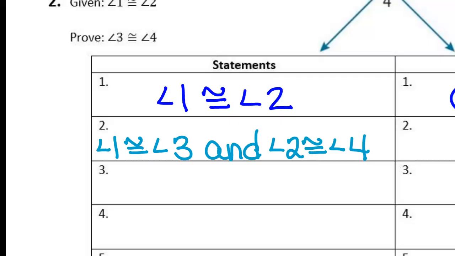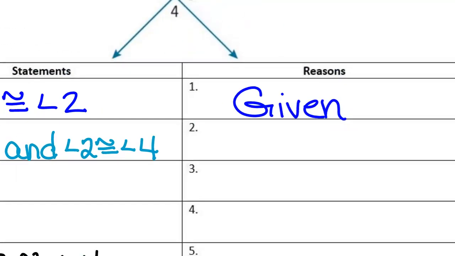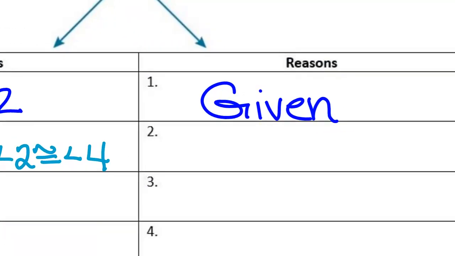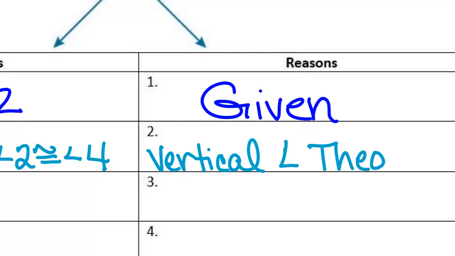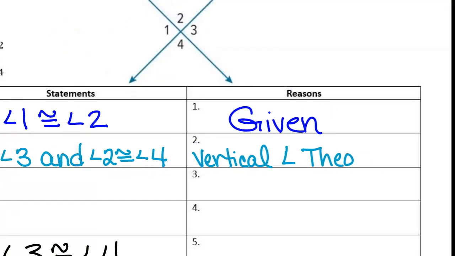Why am I allowed to say that? What did we know about angles 1 and 3, angles 2 and 4? They're vertical angles. So why am I allowed to say they're congruent? Vertical angle theorem. Vertical angle theorem. Beautiful.